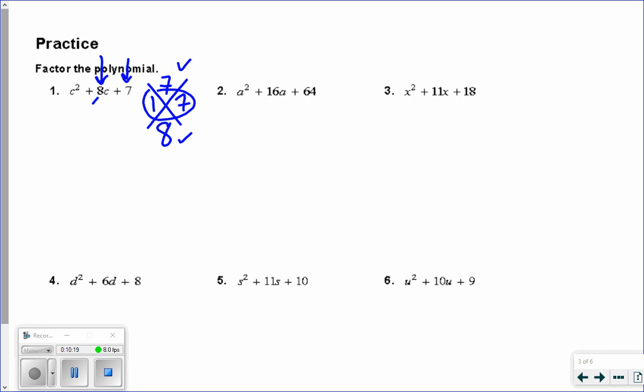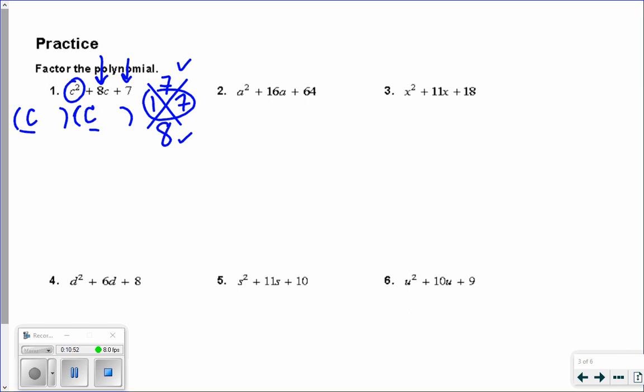Well, what we're going to do next is rewrite this as the product of two binomials. And kind of think about the pattern of FOIL. When we do FOIL, the first product was the first two terms. What are the only two things I can multiply together and get c squared? Well, it's c times c. So in this particular type of trinomial, when we only have a variable squared, we right away already know half the work.